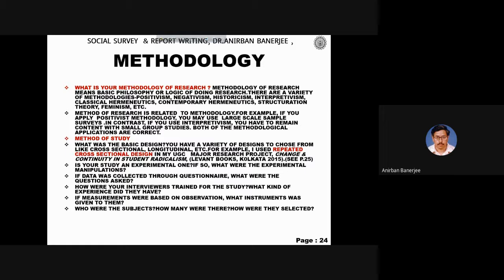For example, if you apply positivist methodology, you may use large scale sample surveys. In contrast, if you use interpretivism, you have to remain content with small group studies. Both of the methodological applications are correct.